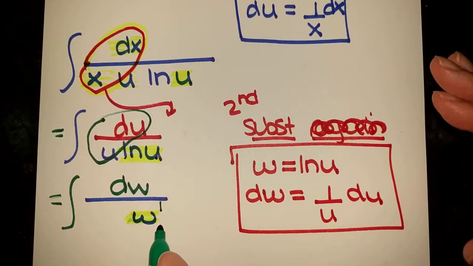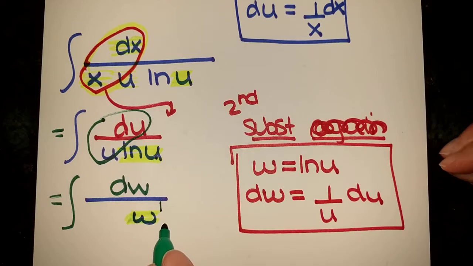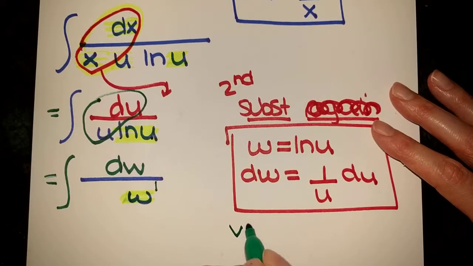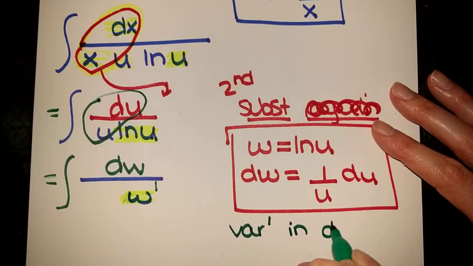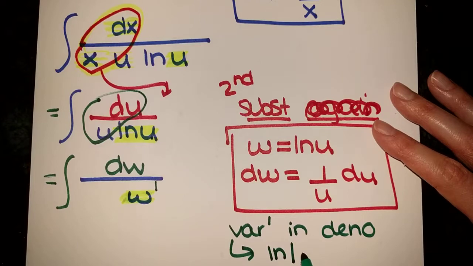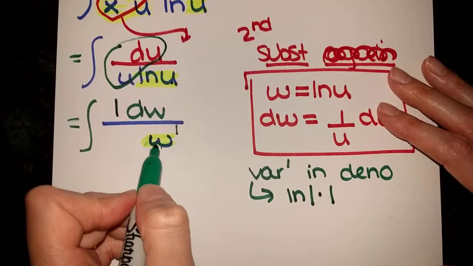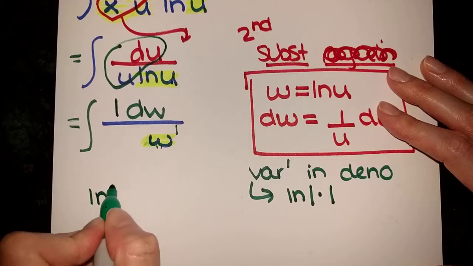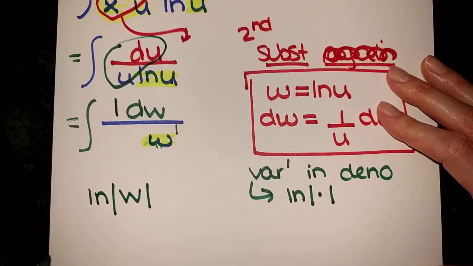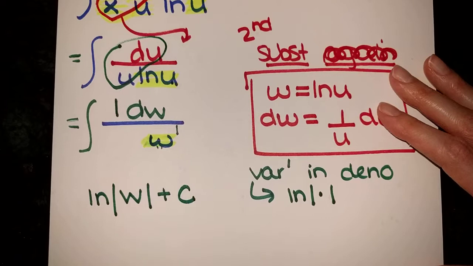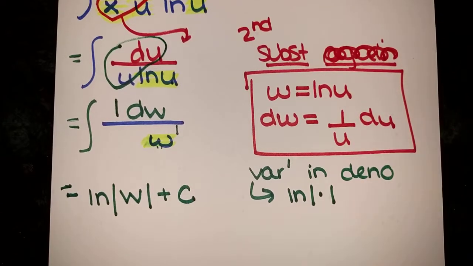And anytime I have w to the first power, x to the first power, u to the first power in the denominator, so a variable to the first power in the denominator, that is going to go to this natural log absolute value function. So when I just have 1 over w to the first, that becomes natural log absolute value of w plus c. So we substituted and now we have integrated.